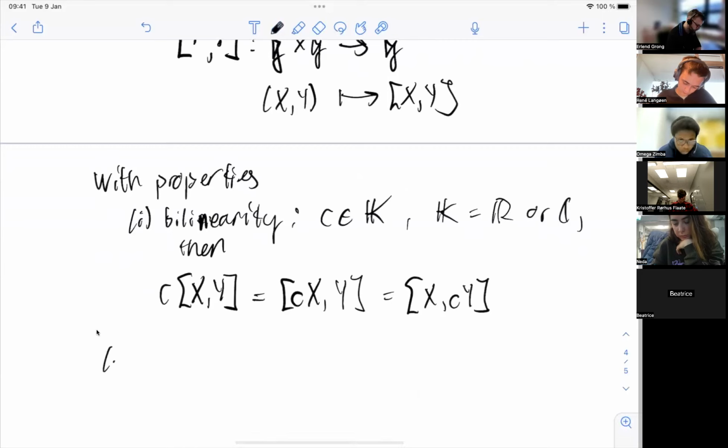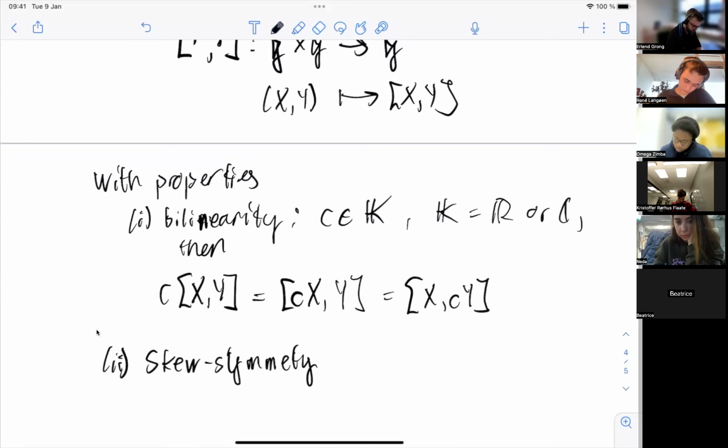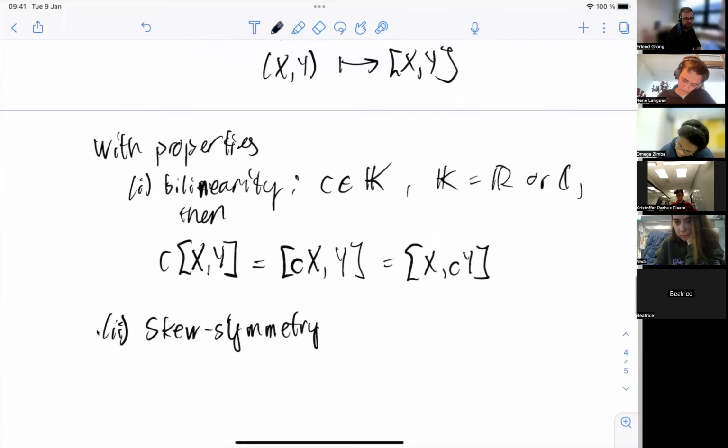So that's the first condition, which is not so mysterious. The second is skew symmetry, which is that [x, y] should be equal to minus [y, x].